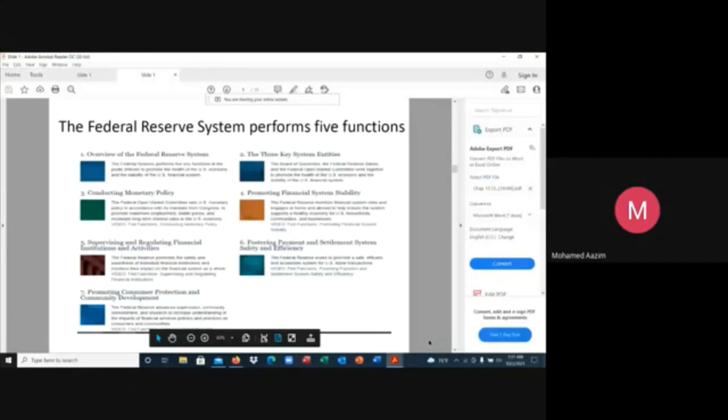The Federal Reserve as well as other central banks, including the Central Bank of Sri Lanka, consider this in their activities now. And then there is promoting consumer protection and community development. This is to make sure the supervision activities, community reinvestment, and research increase understanding of the impacts of financial services policies and practices on consumers and communities, which are being significantly looked at.